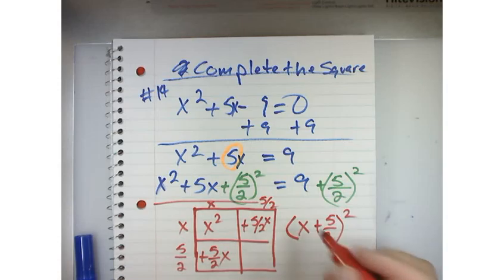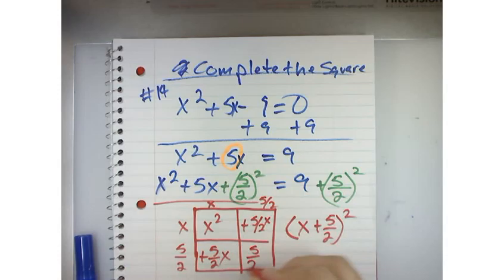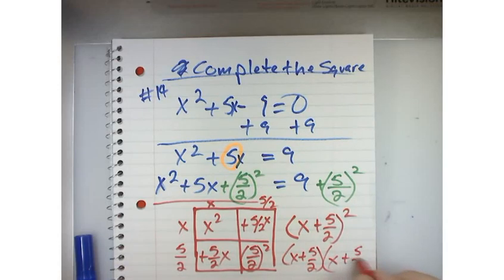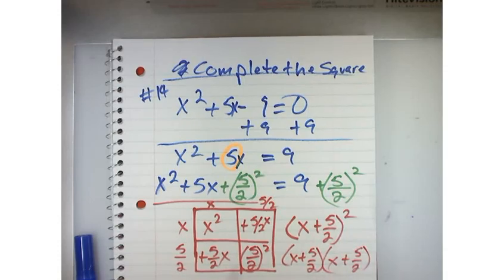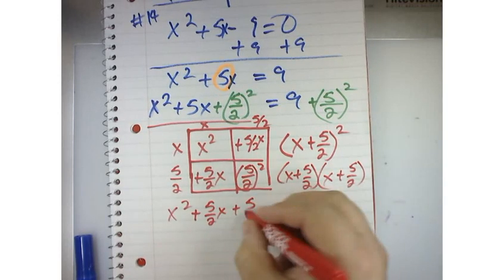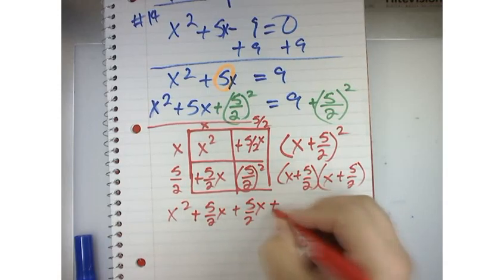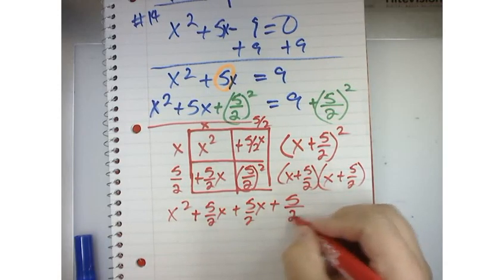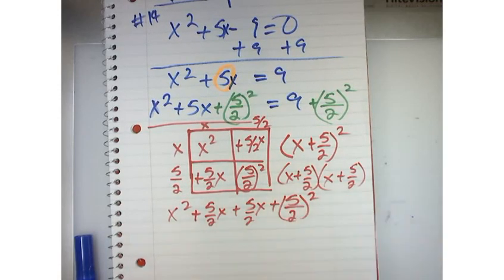Five halves squared, right? Now what I'm really doing is multiplying it by itself, because this is squared. And so my answer is x squared plus 5 halves x plus 5 halves x plus 5 halves squared. Okay?